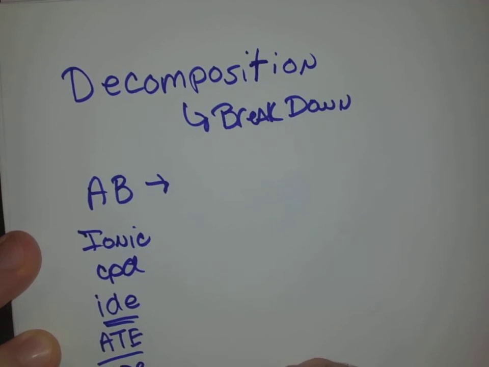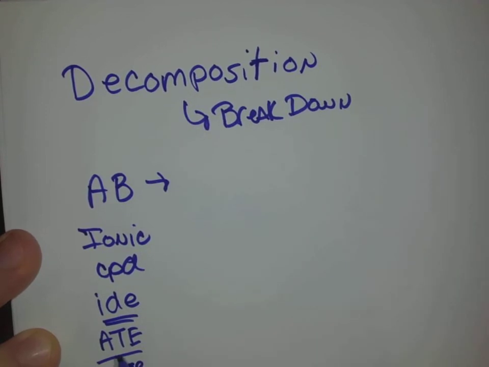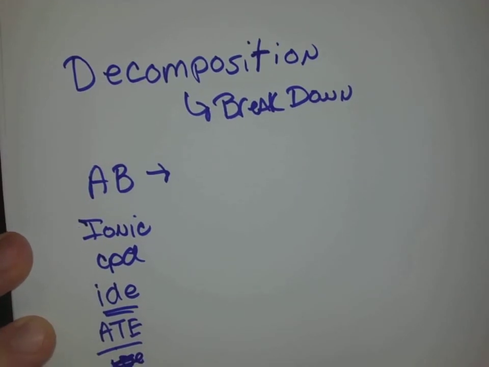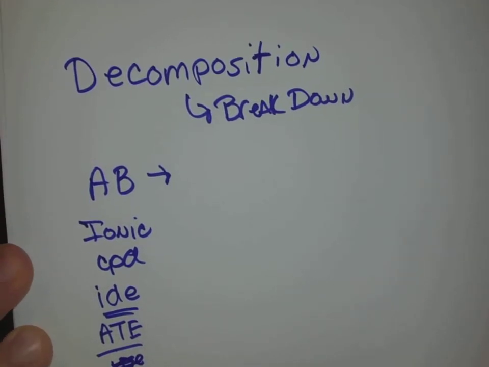We won't see this, but they also end in ITE, so don't worry about that one. But if you see it ending in IDE or ATE, then it is a decomposition reaction. And you will find no plus sign in between the A and B.